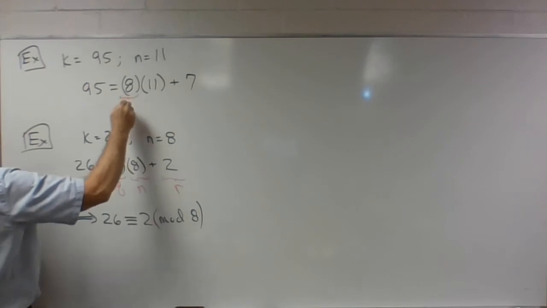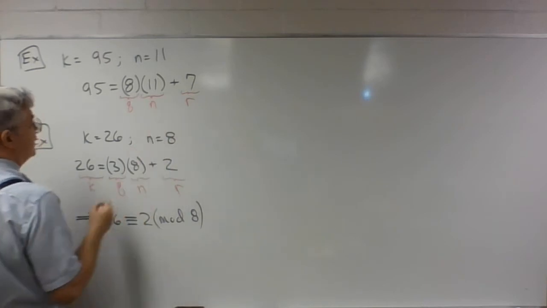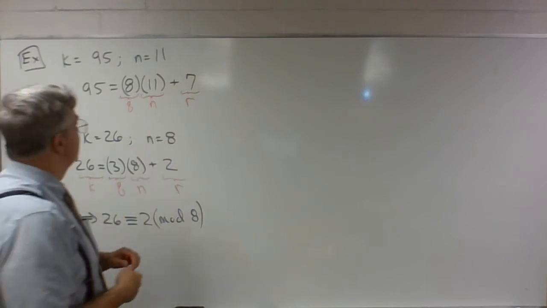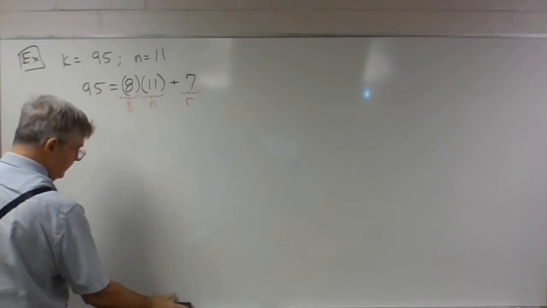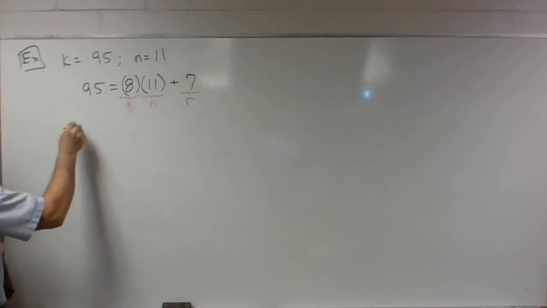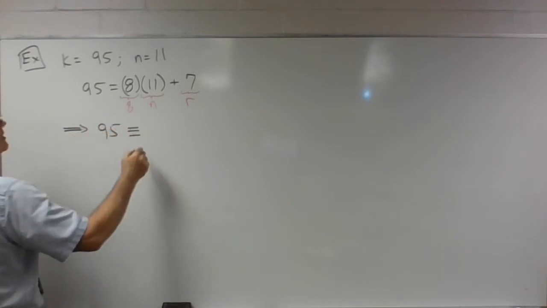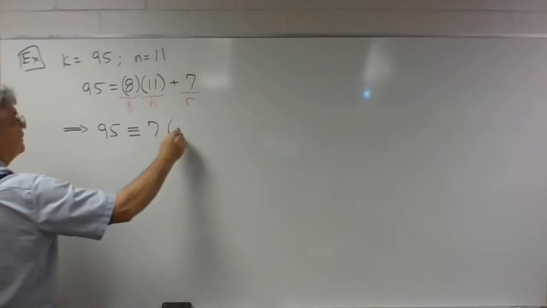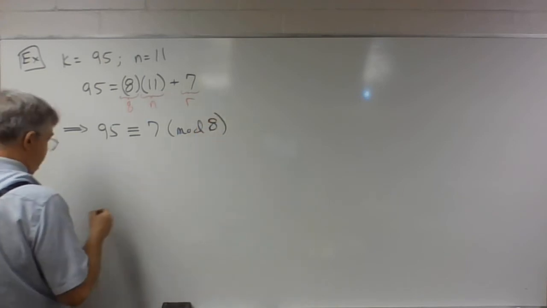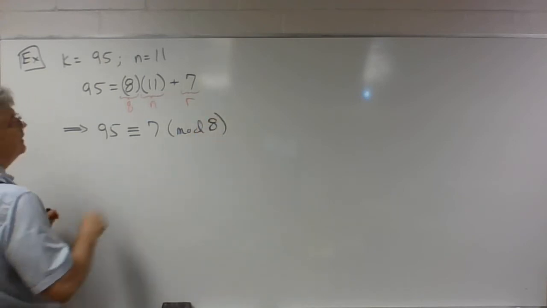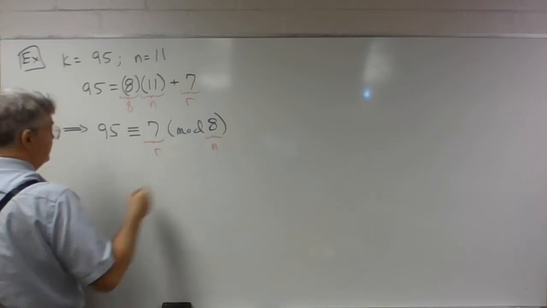So here's our quotient q, here's the divisor n, here's our remainder. So what this tells us is that 95 is congruent to 7 modulo 11. And here's our remainder, and there's the divisor n.